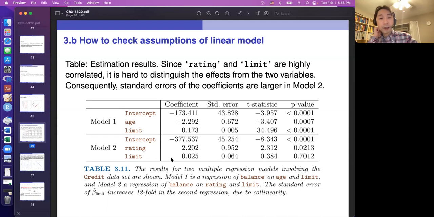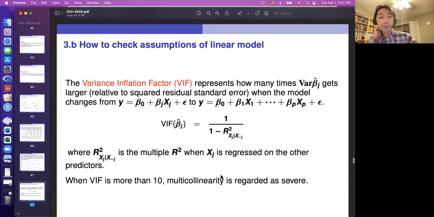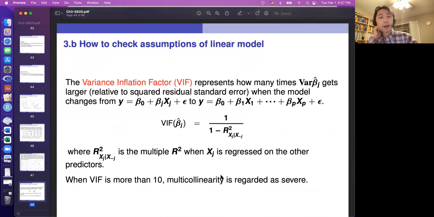Actually, if we see only this table, we cannot really tell. But if we calculate additional statistics, we can judge if there is multi-collinearity. So the concept is the variance inflation factor.